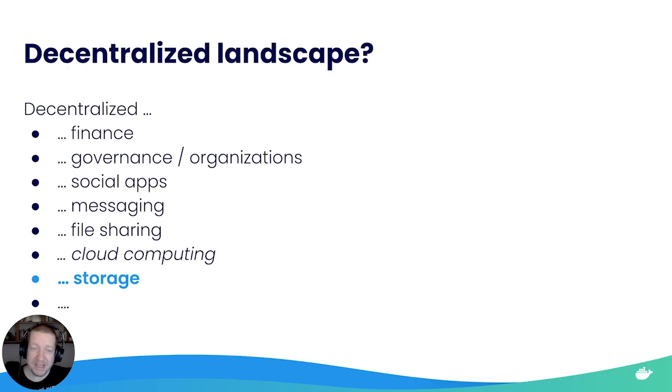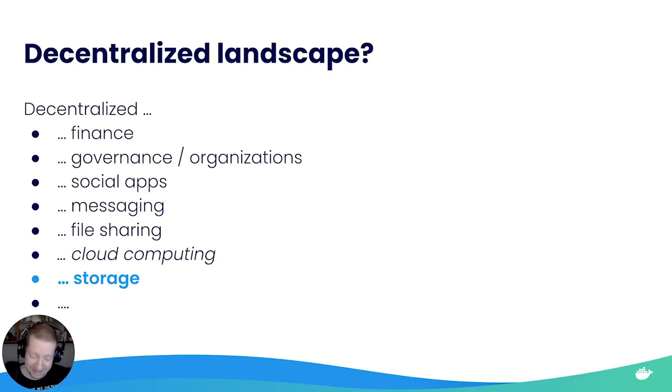So instead of checking the whole decentralized landscape, we will start with storage. There are two main reasons for this. First of all, storage is really the cornerstone of a modern big application. We need to store the data anyway, right? The other is that the two areas which connect very well to Docker are cloud computing and storage.